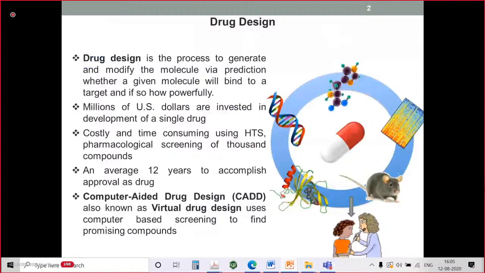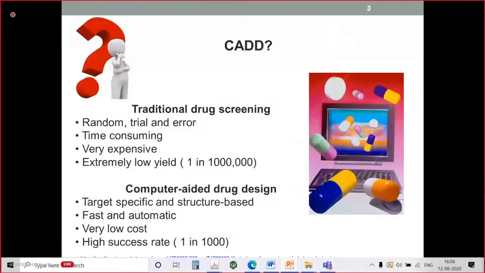This is where computer-aided drug design can help us minimize the duration of time as well as the cost involved. So how is computer-aided drug design helpful in facilitating the drug design process?